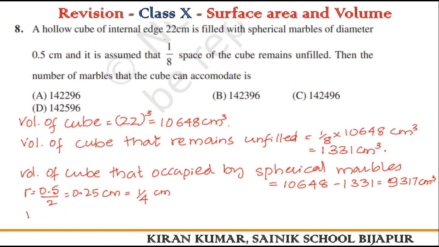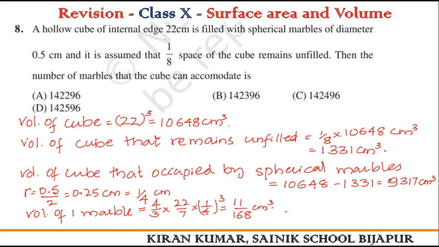Now, the volume of one marble will be 4 by 3 pi r cubed. 4 by 3 into pi value 22 by 7 into r cubed, which is (1 by 4) cubed. Here there is no more space, so directly I will write the answer. You can verify this: 11 by 168 cm³. Now we need to find the number of marbles.